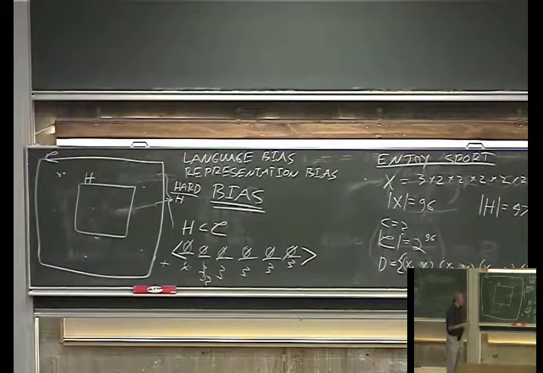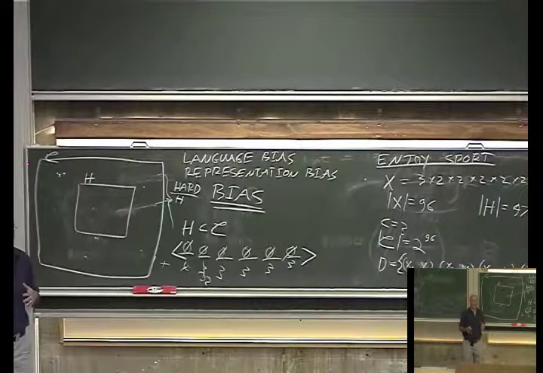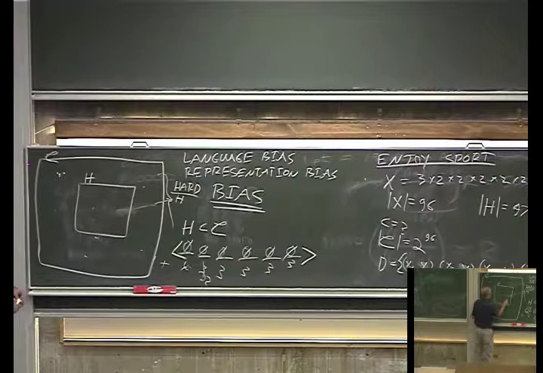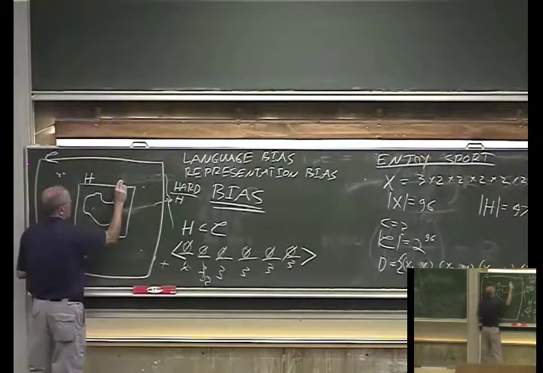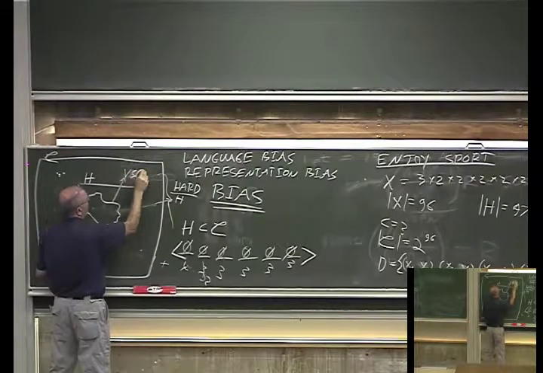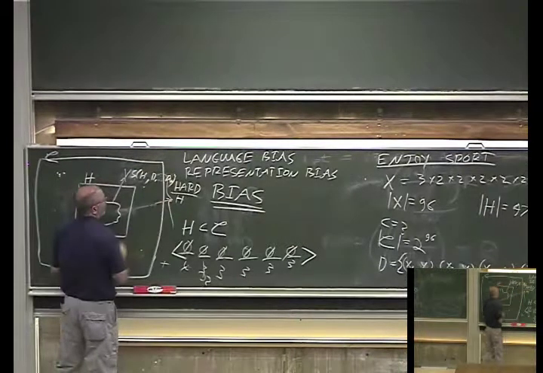If this is H, after seeing 4 training examples, you're able to rule out any member of H that is inconsistent with at least one of them. And you are left with some subset of H, call this VH, version space of H and D1 through D4, the 4 training examples.